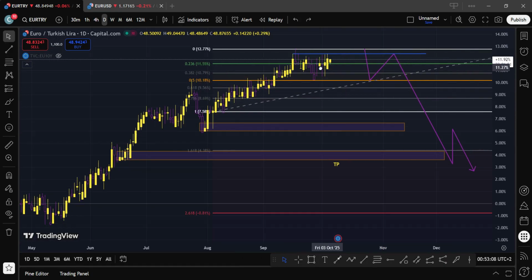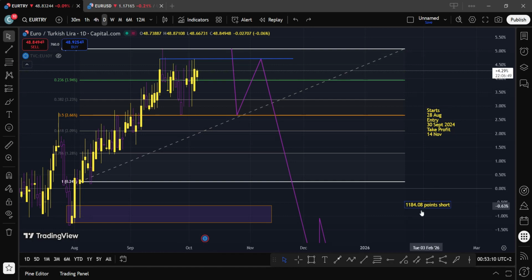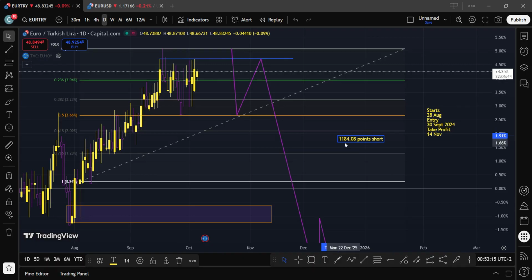Okay, you cannot see it visually, but the reason why it drops lower and lower is because of this huge 1184.08 points short. That is the swap that you get for holding the currency short, so you get paid this. So what happens is that even if the market goes below your entry level, you will see that you're still in the positives for holding this trade.